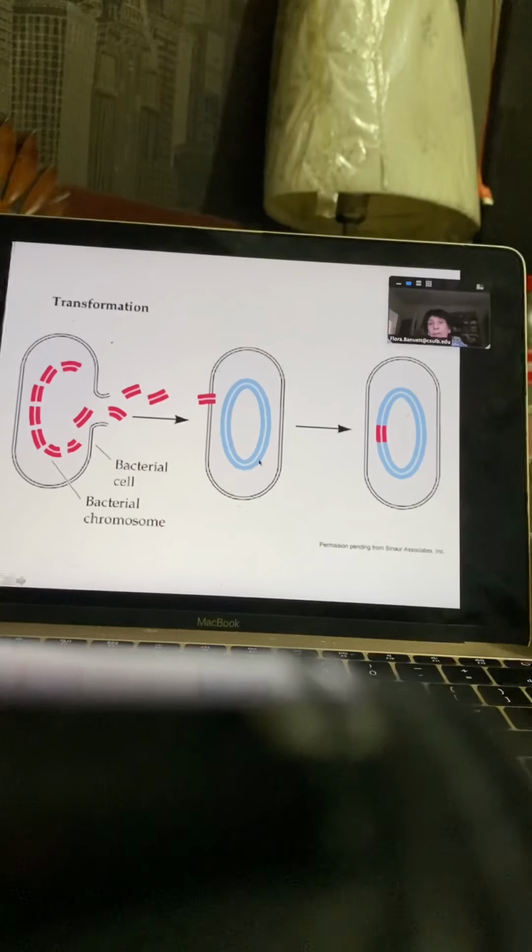And a competent cell, which has proteins, is able to uptake this DNA, and this DNA by recombination can get incorporated here. If the DNA comes from a very distantly related bacteria, the bacterium has a mechanism of getting rid of this DNA. Okay? And that's what many restriction enzymes do.